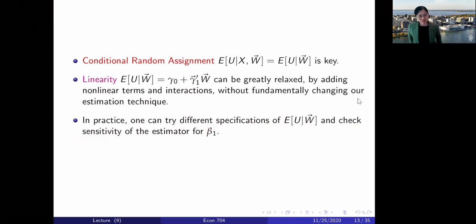So hopefully, once you add enough flexibility, enough nonlinear terms and interactions among the W's, your estimator for beta 1 becomes more or less stable. It no longer changes that much when you add even more nonlinear terms. And that's a good point to stop adding more nonlinear terms.